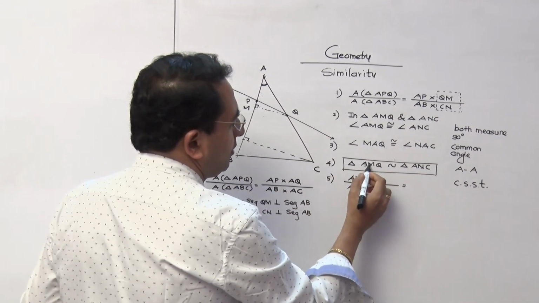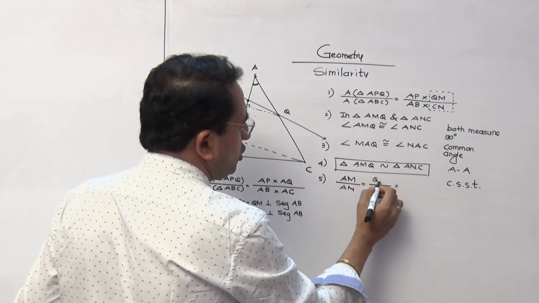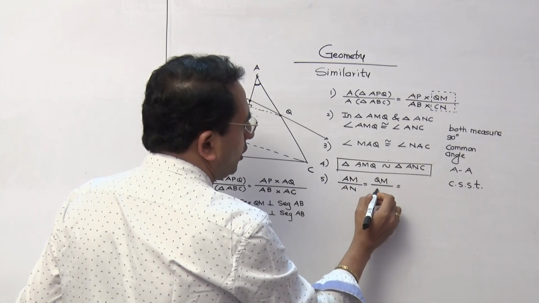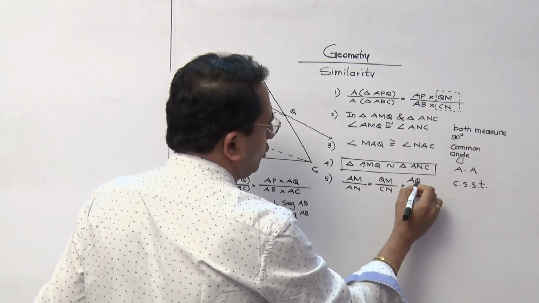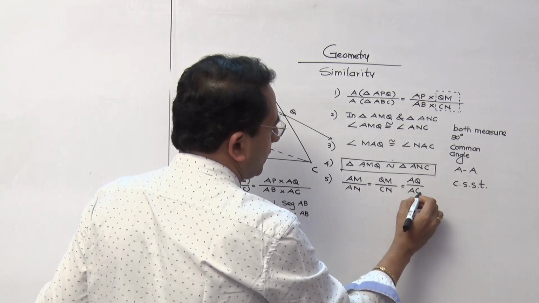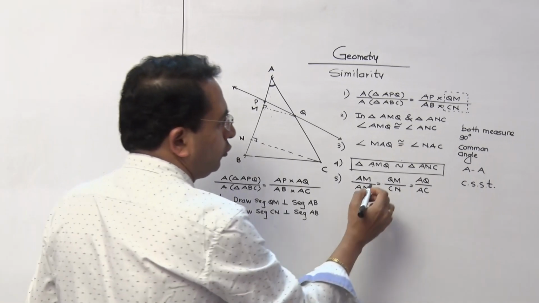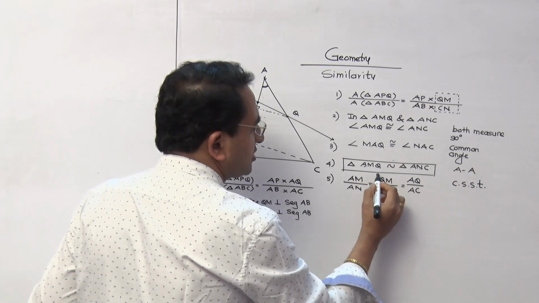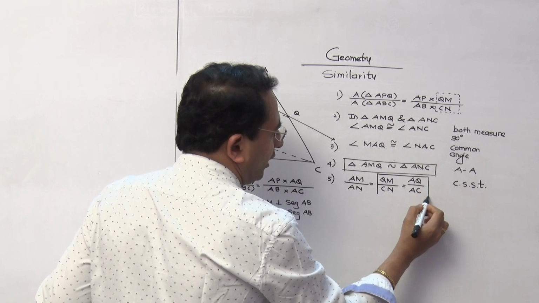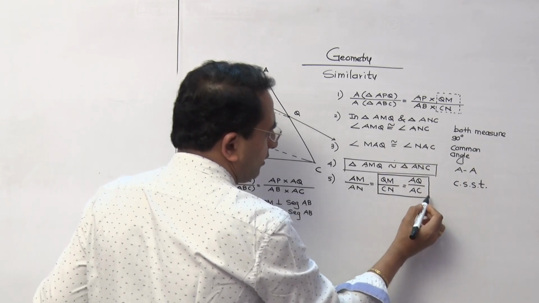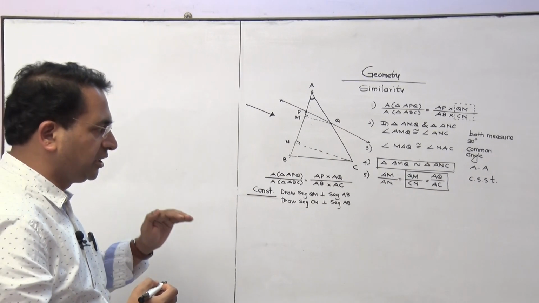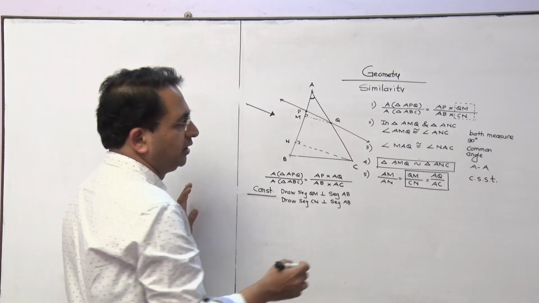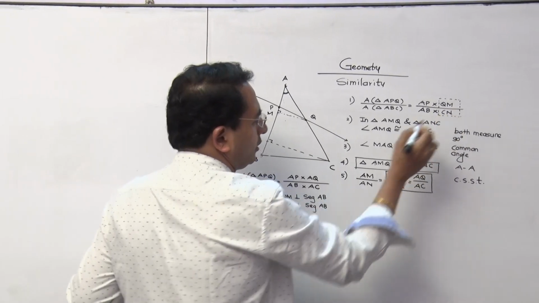Instead of writing MQ, you are writing this as QM upon CN, and this one we can write AQ upon AC. Correct? Now what you have to do is, we have to put the box for the two ratios of this statement. That means QM upon CN is nothing but AQ upon AC, that we can substitute here.